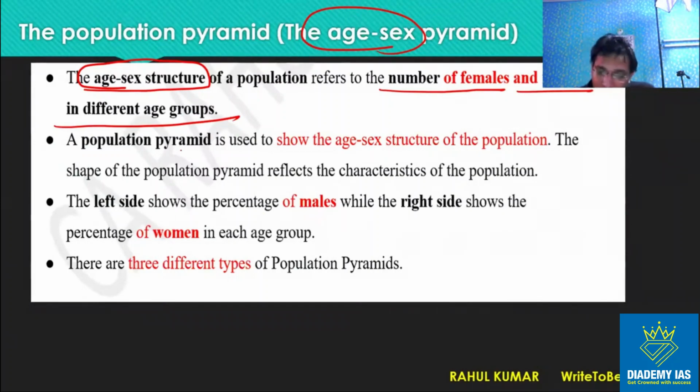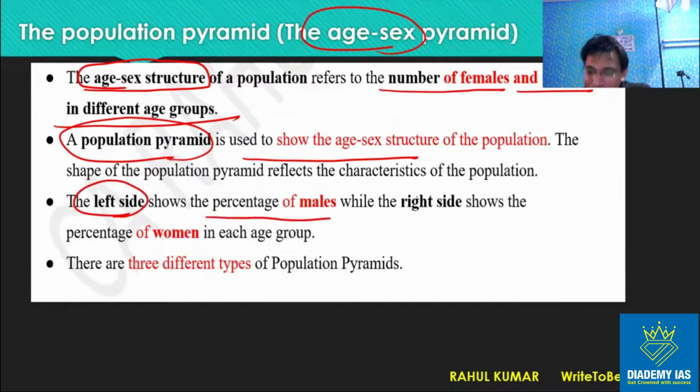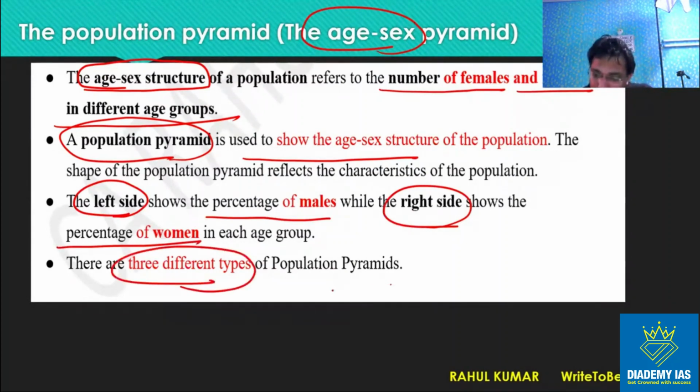Okay? Population pyramid actually indicates the age sex structure. So population pyramid is the visual presentation of the age sex structure. In the population pyramid, the left side shows the percentage of male and right side shows the percentage of female, right? And there are three different types of population pyramid.